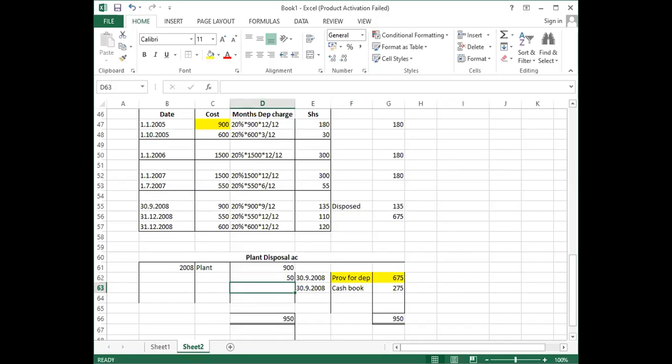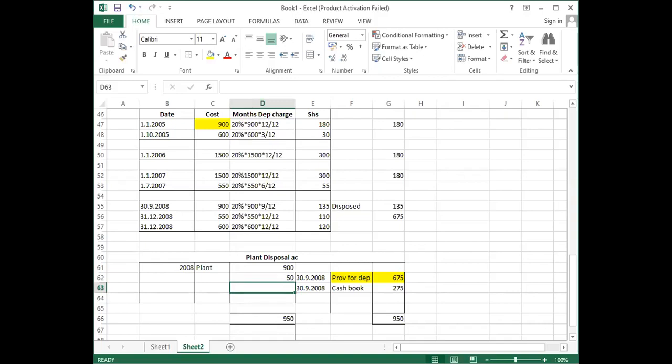Who can tell us what we can call that amount? Is it a gain on disposal or is it a loss on disposal? Very fast. That is the final thing that I'm going to deal with today.